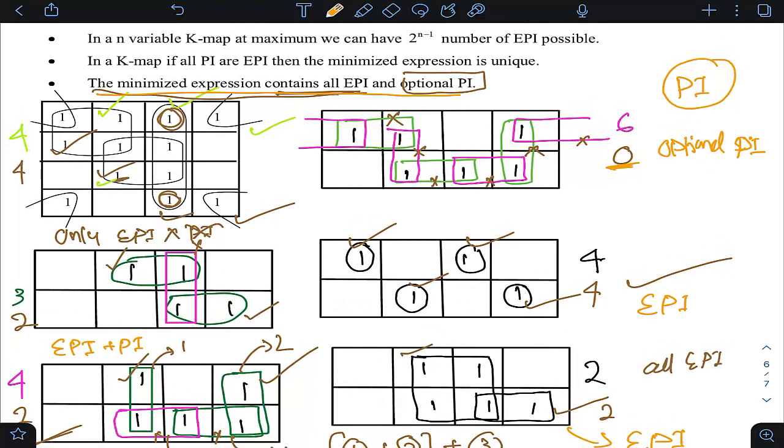Now can you think yourself, students? In the previous video we have seen in one question that the K-map provides the minimized expression, but that expression is not necessarily unique. So what is the sufficient condition when you can guarantee that the K-map expression is unique? That is possible if all PI are EPI.